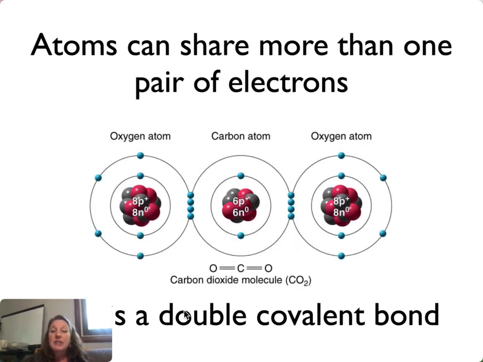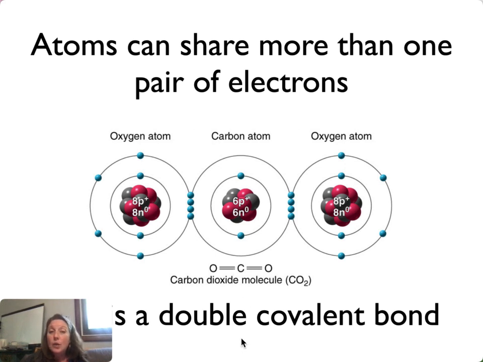Now, atoms can share more than one pair of electrons. If we look at carbon dioxide, we have a carbon atom that's bonded with two oxygen atoms. And instead of just sharing one pair of electrons, they share two pairs of electrons. And when that happens, this is called a double covalent bond.